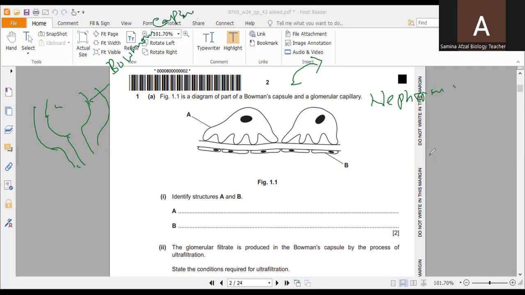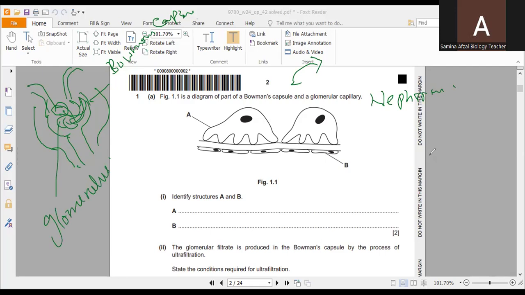And inside the Bowman capsule, you can see the glomerulus, a tuft of capillary-like structure. Here the ultrafiltration takes place.